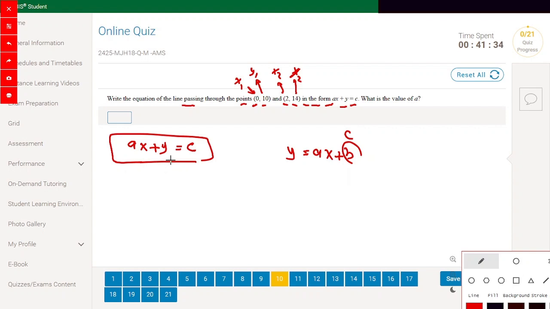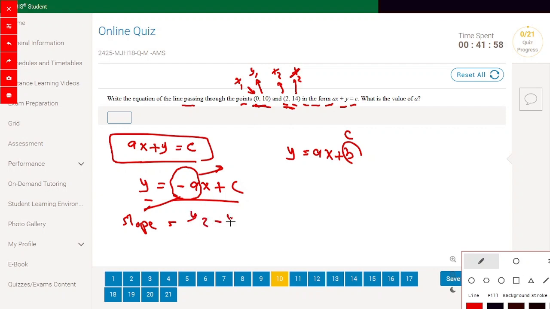So here it means that y will be equal to minus ax plus c, right? And minus a is the slope. Now to get the slope, let's substitute in this equation. So the slope equals y2 minus y1 divided by x2 minus x1.